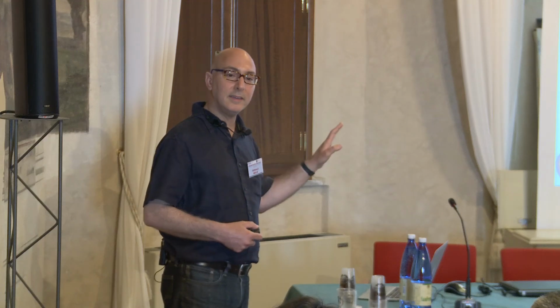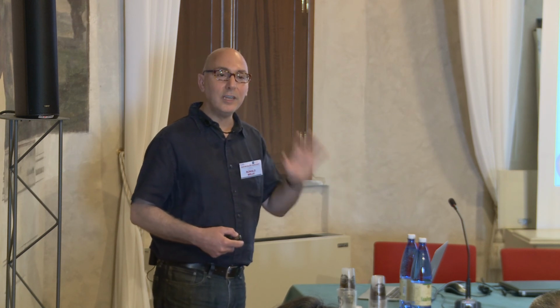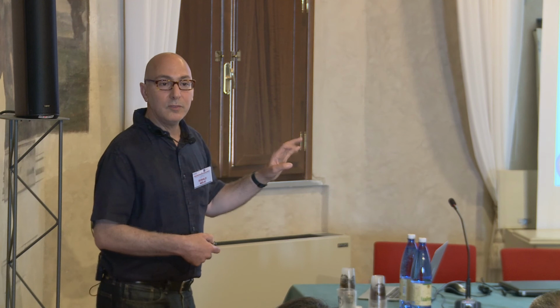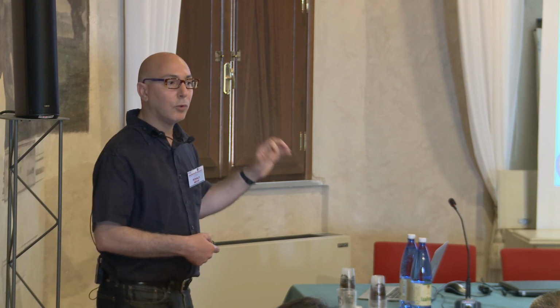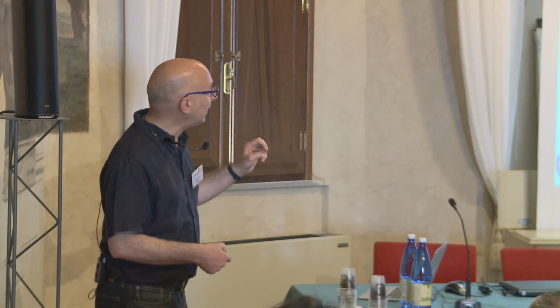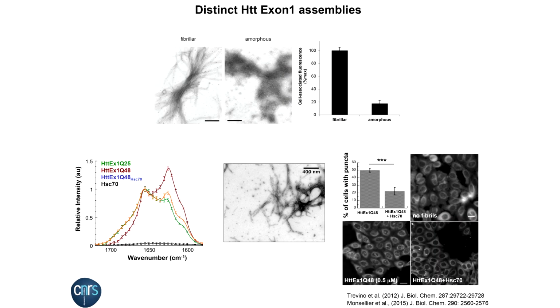HSC70 does not interact with the fibrils, so it doesn't change their properties. But still, using Fourier transform infrared spectroscopy, you can see that the amyloid content of the fibrils made without or with HSC70 are different.